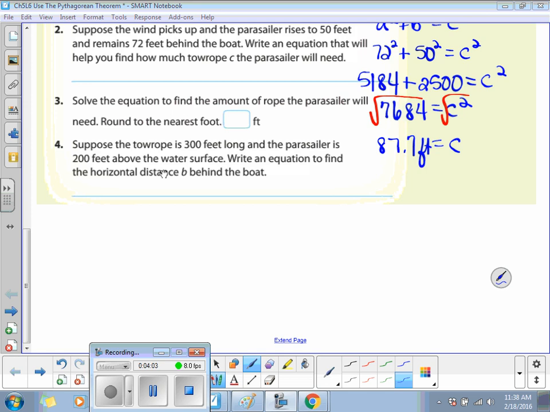Then it says, suppose the tow rope is 300 feet long and the parasailer is 200 feet above the water surface. Write an equation to find the horizontal distance behind the boat. So this time we're solving for B, right? So we've got A squared plus B squared equals C squared. It says now the tow rope, C, is 300 feet long, so this is going to be 300.